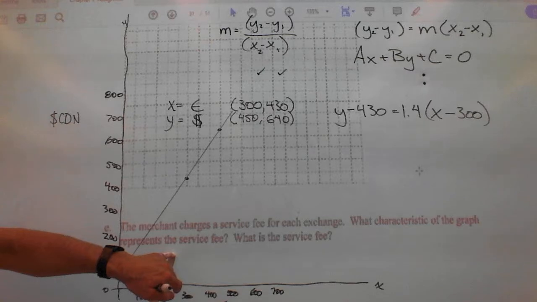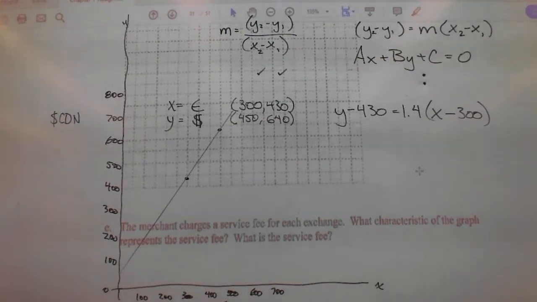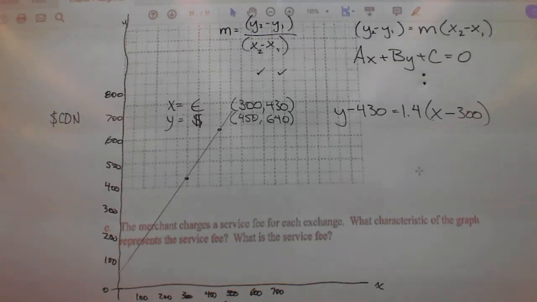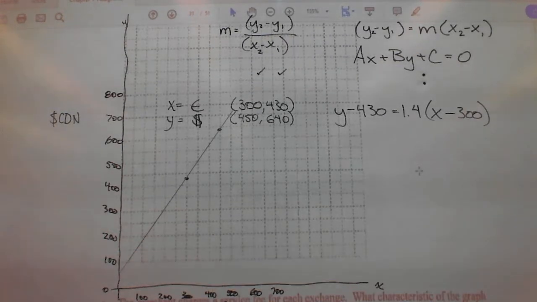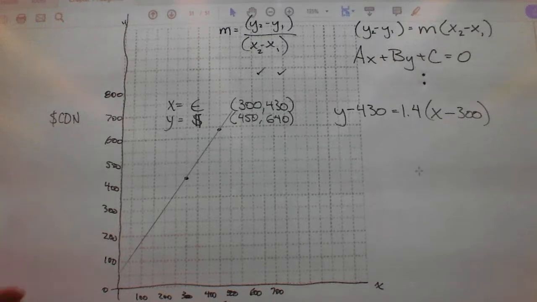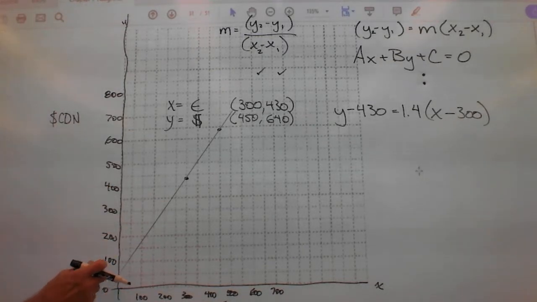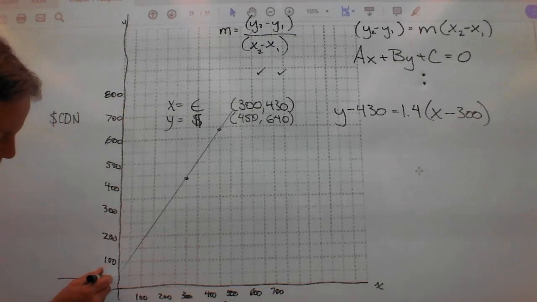The merchant charges a service fee for each exchange. What characteristic of the graph represents the service fee? So this is where you have to take a look at your graph, okay? And the service fee would be right here.